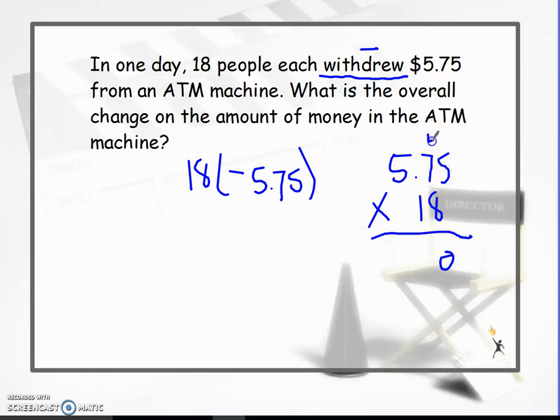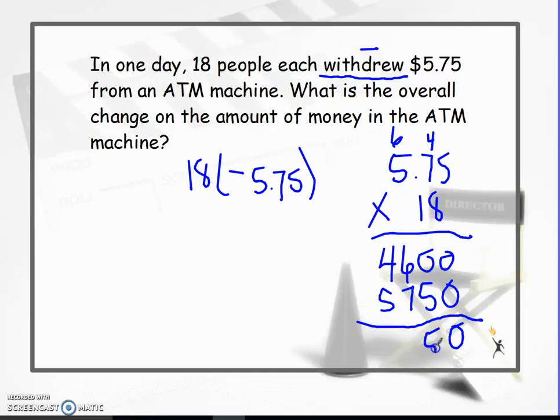8 times 5 is 40. 8 times 7 is 56, plus 4 is 60. 8 times 5 is 40, plus 6 is 46. Put a placeholder. We have 5, 7, 5. Add it up.